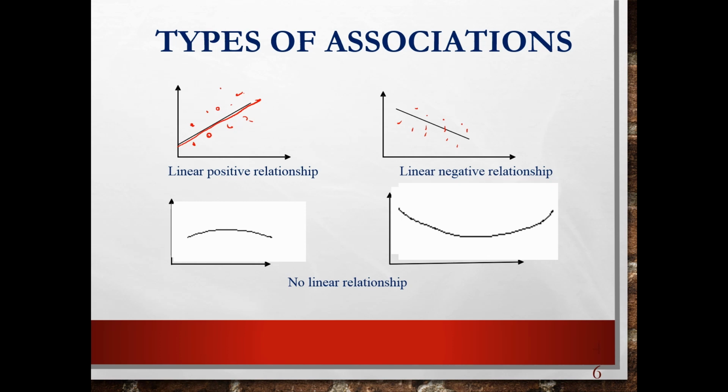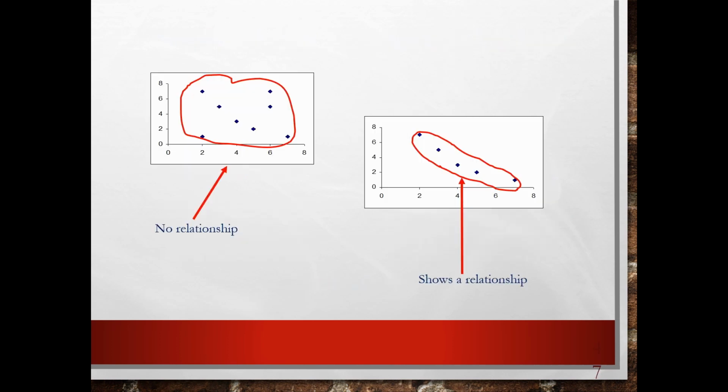But you can see in these two examples, they are related. You can smoothly draw a curve across the points, but they are not a linear relationship. Whatever the association that is held between these two variables, it can be examined by making a scatter plot like this, whether it is linear or non-linear. If there's no relationship, the points will be falling randomly scattered, not in an increasing or a decreasing pattern.